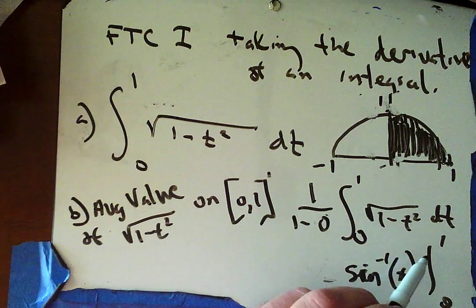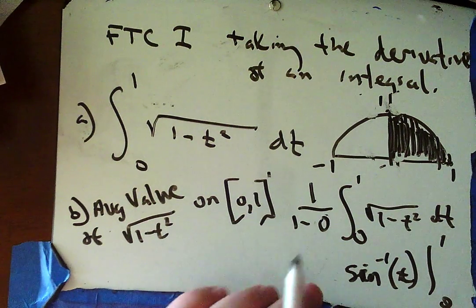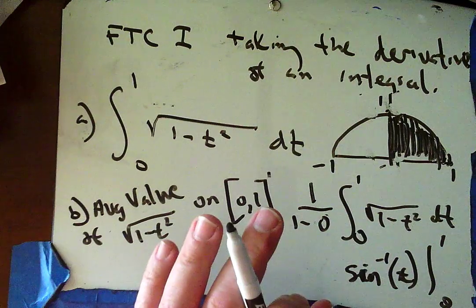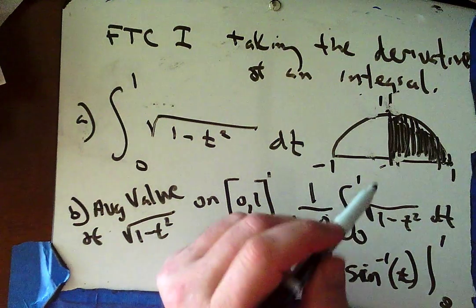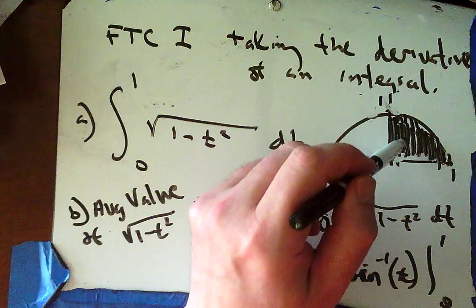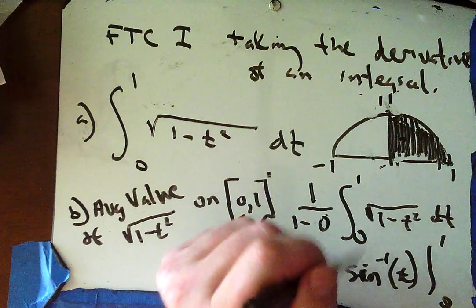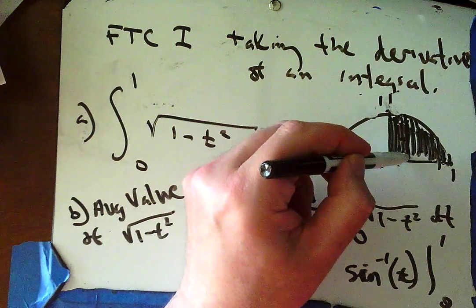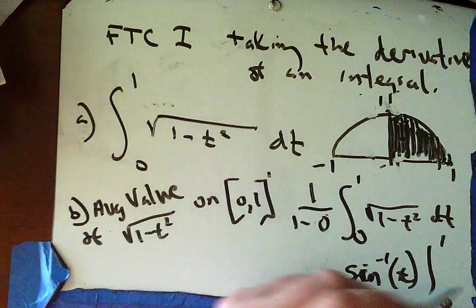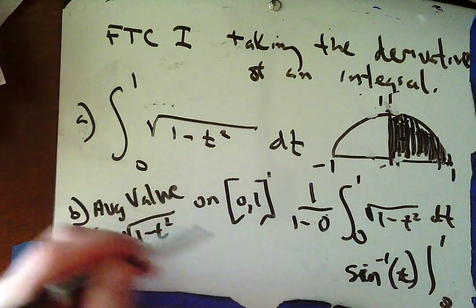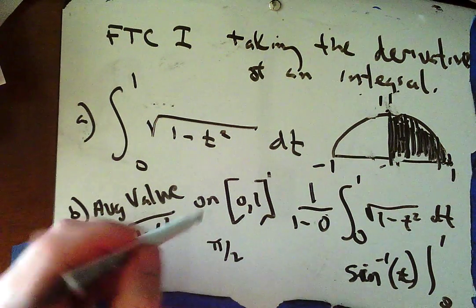Well, isn't that interesting? This is exactly what we had before. Now, the units are going to be different in this situation, right? Because in the last problem, we were finding this area, but now we're just finding a length. So be mindful of that, even though these numbers are both going to look like pi over 2.